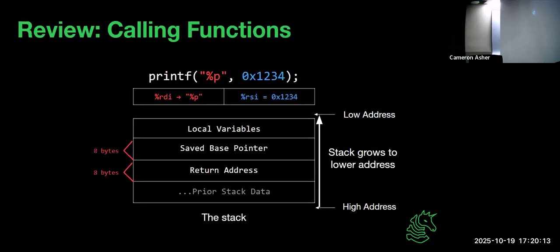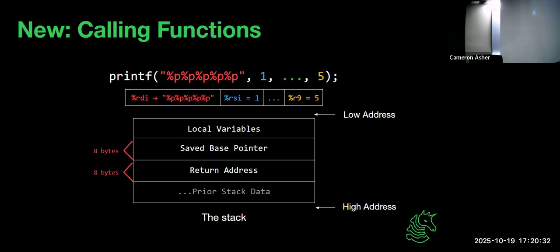So to review, this is how the calling convention works on x86-64. Your first argument goes to RDI, second RSI. And then as we keep adding more arguments, these get added to the registers. So the first few arguments get put onto the registers.